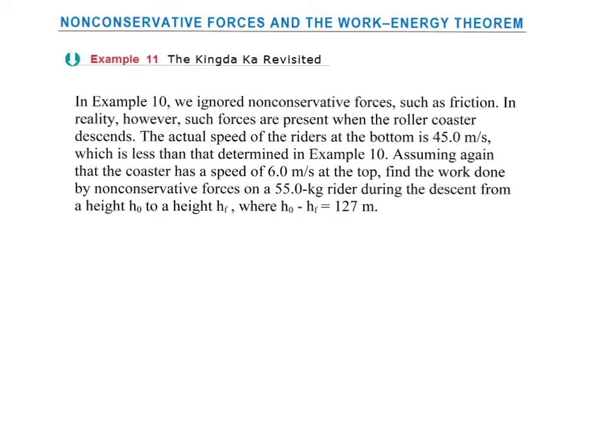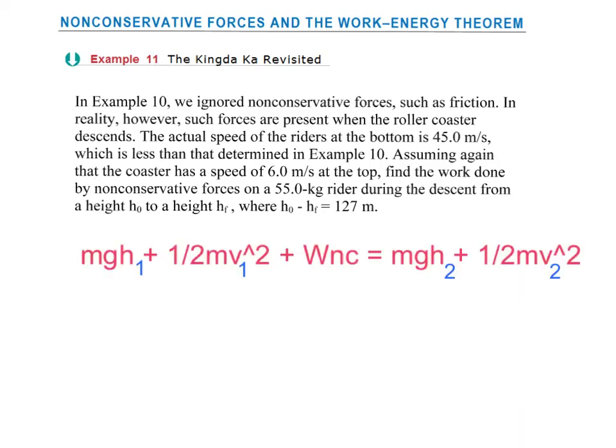Alright, so let's take a look at the Kingda Ka problem again, but this time we're going to consider forces like friction, because in real life there is friction, there is air resistance, so energy is not actually being conserved. So we're going to take a look at what happens. Alright, so here's the equation for work and energy when there is a non-conservative force doing work, like friction.